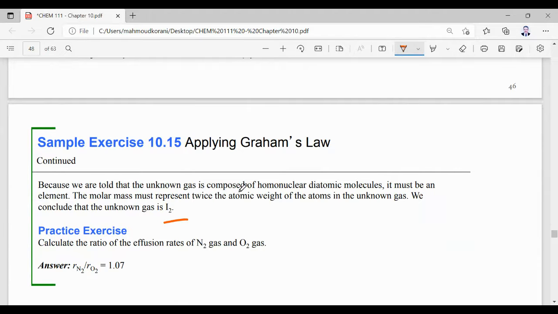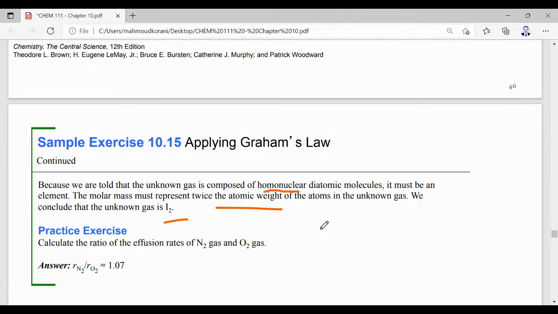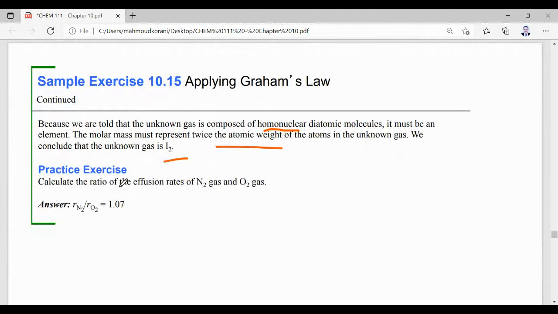Because we have been told that the unknown gas is composed of homonuclear diatomic molecules, it must be an element. The molar mass must be twice the atomic weight, as I mentioned. So you should divide that value by 2, and you end up with the atomic weight of that element. You can identify it.